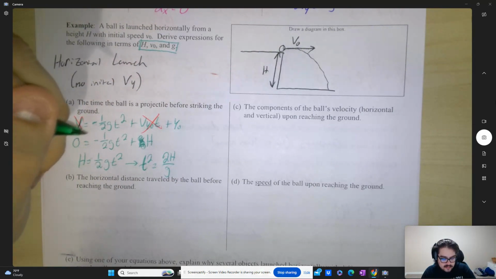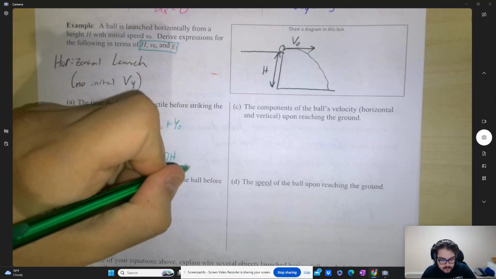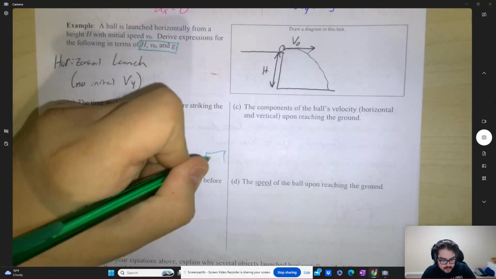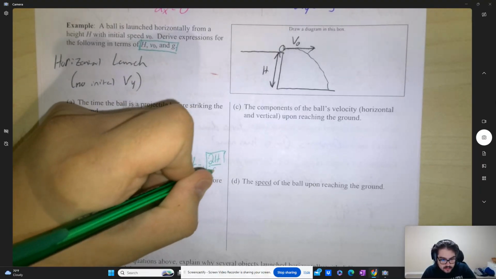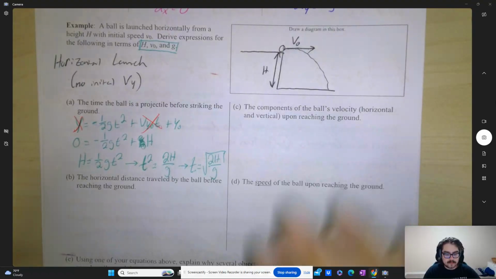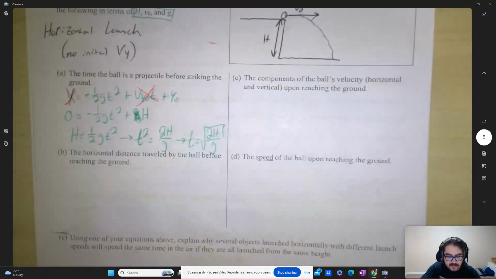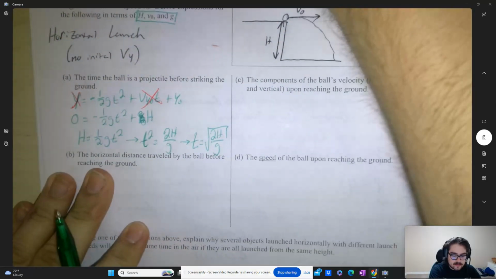You're not done yet, because you need a square root, so t equals the square root of 2h over g. I don't know why my camera keeps wobbling, I guess I just write really hard.